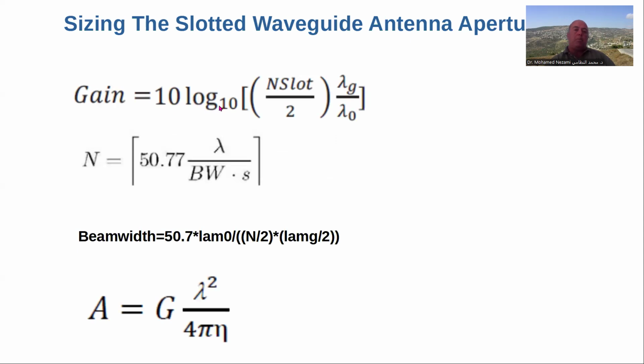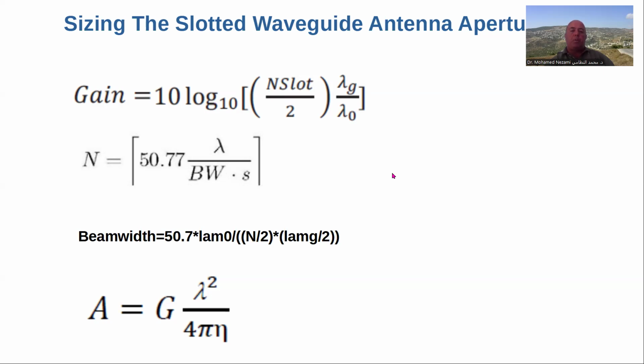So we start out with the simple equations that relate the gain to the number of slots, the waveguide length, and the free space waveguide length. You can start with this equation here: depending on the range you're trying to cover, you end up with a gain that is required from your transmitter or receiver. To get that gain at the specified frequency, you vary this to come up with the number of slots.